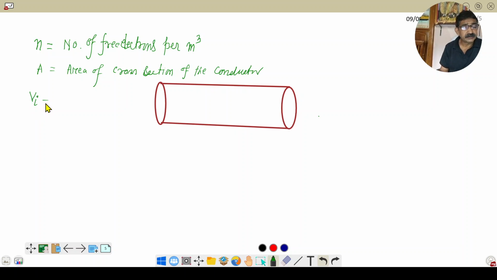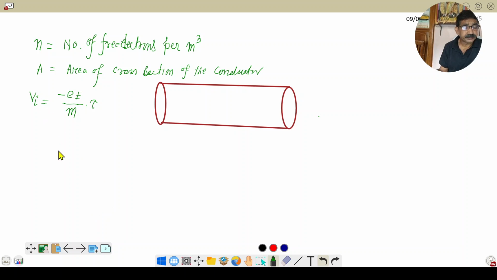Vi is equal to velocity of the ith electron under consideration, and we have already discussed that the expression for Vi is equal to minus e by m into tau.